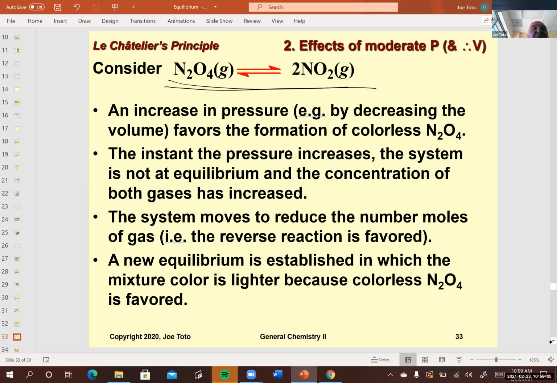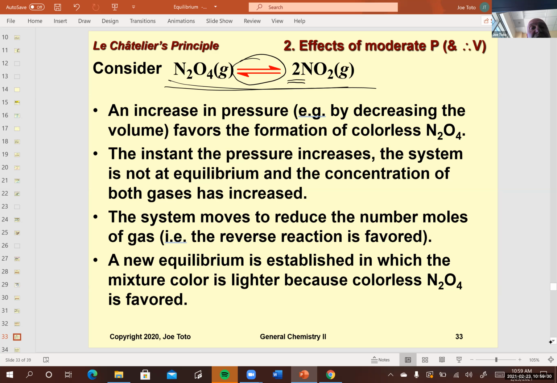Now, an increase of pressure: say I decrease the volume of this container that had these two compounds in it at equilibrium. So I decrease the volume, that increased the pressure. Le Chatelier's principle says the stress is too much pressure. How can this shift to relieve too much pressure?